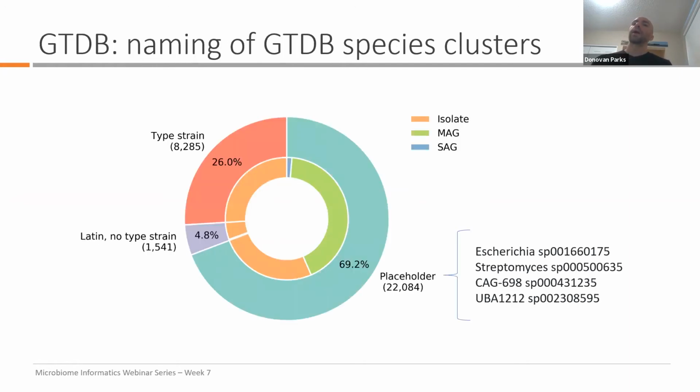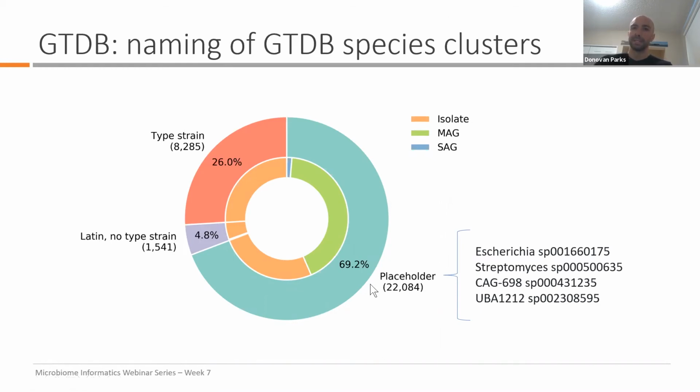So this is a higher-level look at these GTDB species clusters. On the outer ring of this pie chart, it's showing for these GTDB representatives, is the representative something that was actually assembled from the type strain? Is it something that has a Latin name, but where the type strain hasn't been sequenced yet? So we had to select a representative.